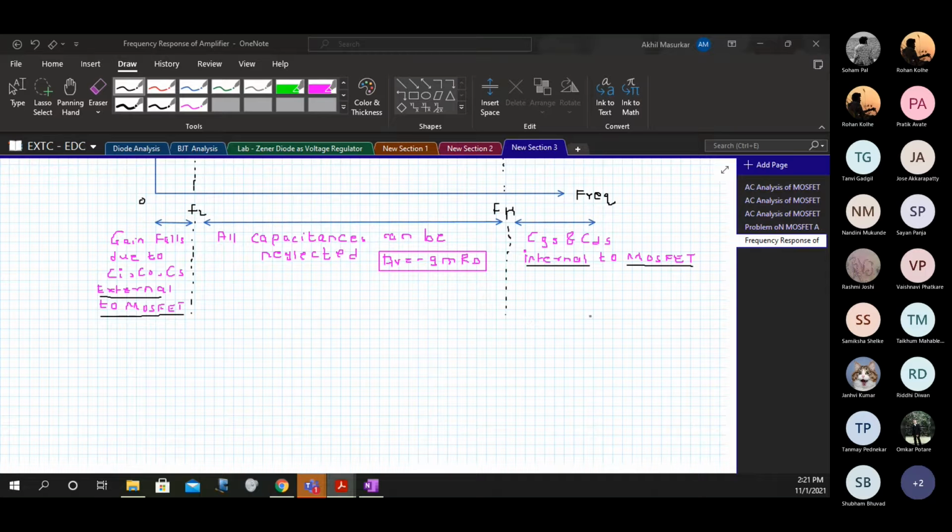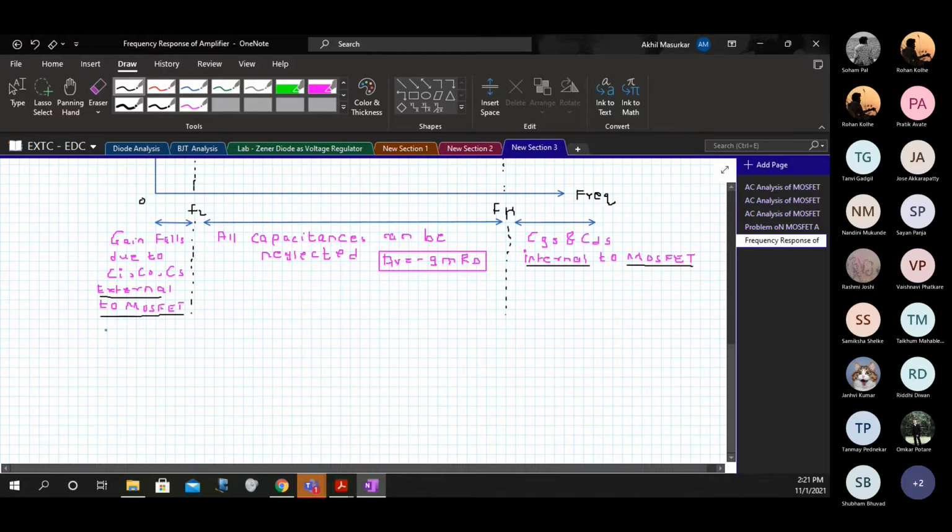On the other hand, the gain falls off in the high frequency band because of CGS and CDS, whose values are in picofarads, while the others are in microfarads.